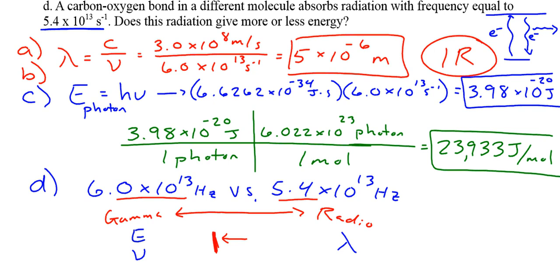So 5.4 is not as far. I can call this 6.0. Let's call this 5.4. If I'm further to the left, I have more energy. So this value will have less energy. Now you could prove that in an equation quite easily. And what's that equation?